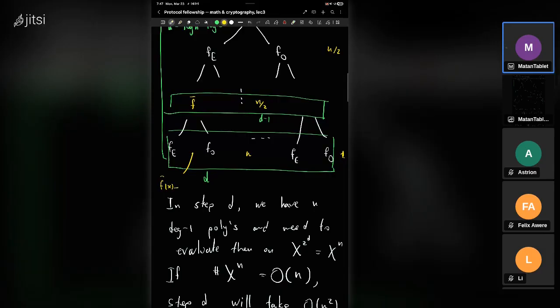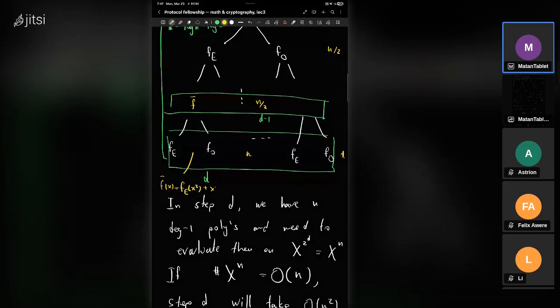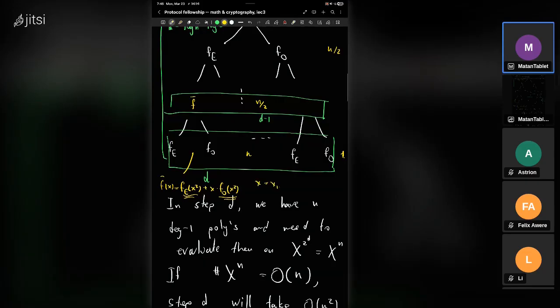fe of x squared plus x times fo of x squared. And assuming that you already did step d, you have these values, fe of x squared and fo of x squared, for any x in the sampling set.